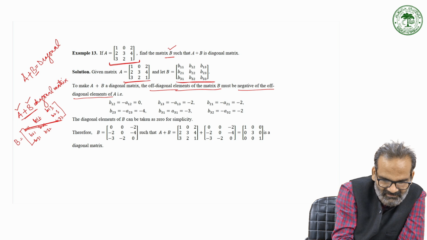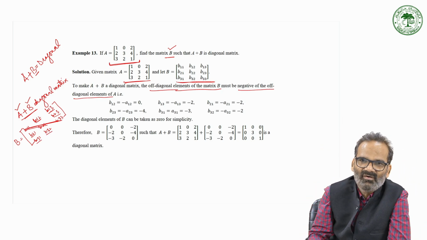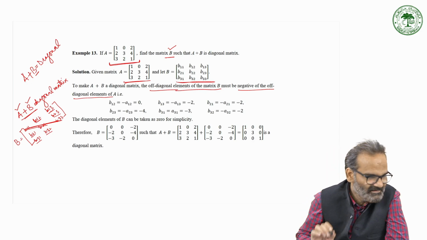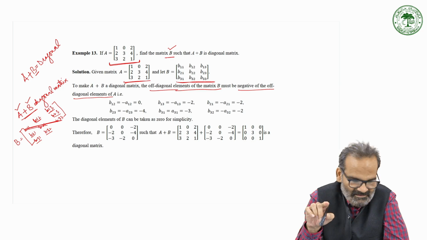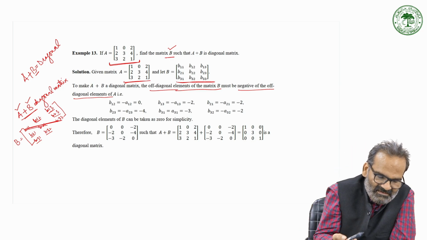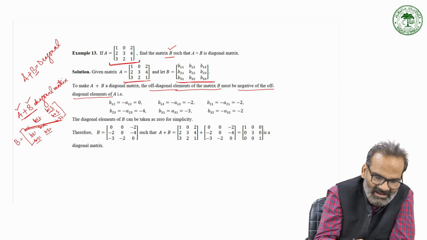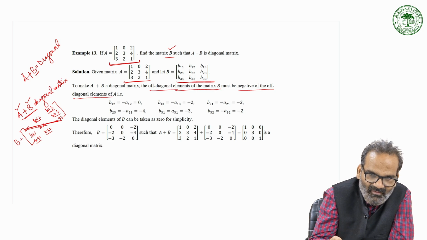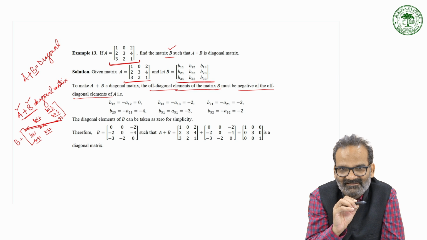Non-diagonal means B12, B13, B23, B21, B31, and B32. They are the elements which are called off-diagonal. Off-diagonal simply means the elements other than diagonal. So it means all the elements of B other than diagonal should be negative of all the elements of A other than diagonal. Is it clear?